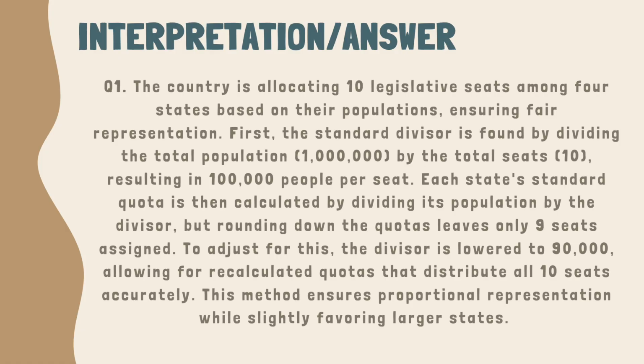Each state's standard quota is then calculated by dividing its population by the divisor. But rounding down the quotas leaves only 9 seats assigned. To adjust for this, the divisor is lowered to 90,000, allowing for recalculated quotas that distribute all 10 seats accurately. So this method ensures proportional representation while slightly favoring larger states.